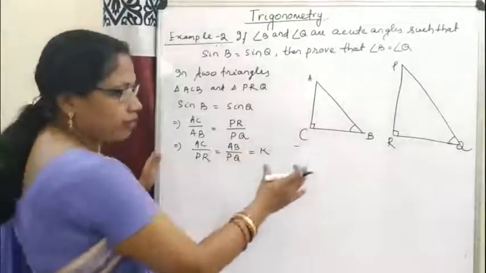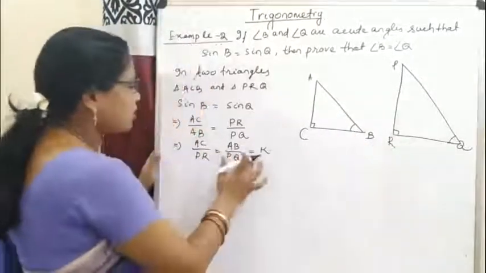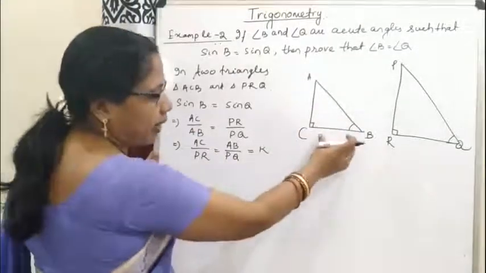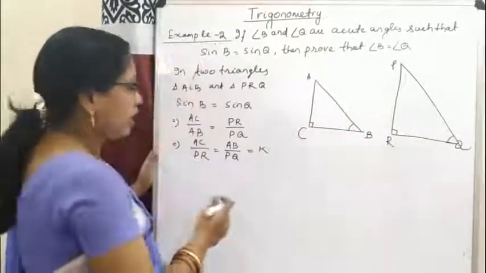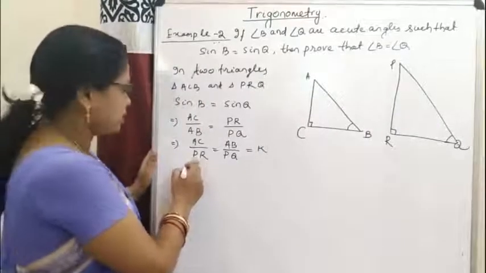So then we have to find the ratio of BC and RQ. So these are the ratios of two sides in two triangles. So we have to find the ratio of BC and RQ. By using Pythagoras theorem we can find BC.